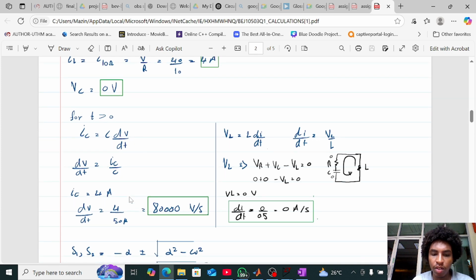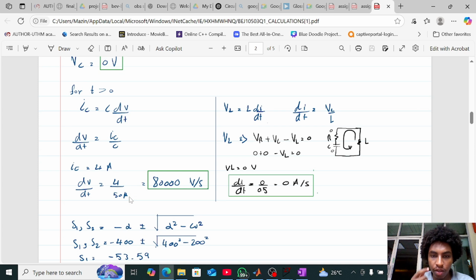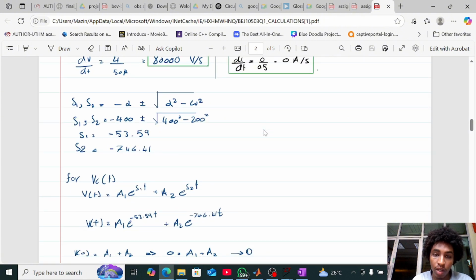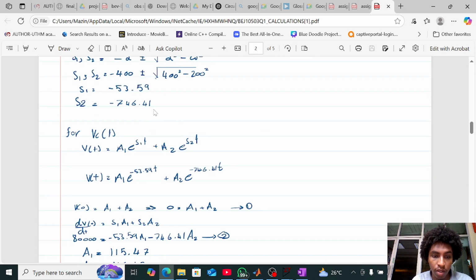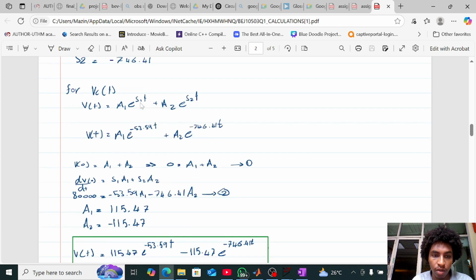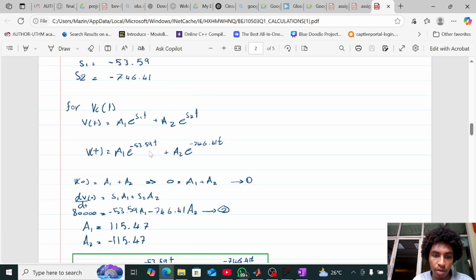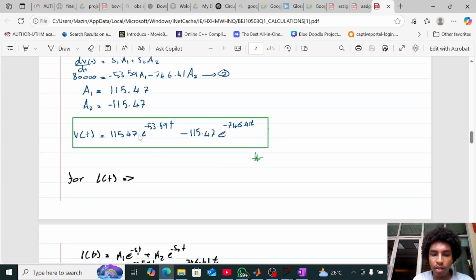So dv over dt is going to be 80,000 volts per second, and di over dt is going to be 0, since there is no voltage in the capacitor, so there will be no voltage in the inductor. So now we should calculate S1 and S2. Those are the values.